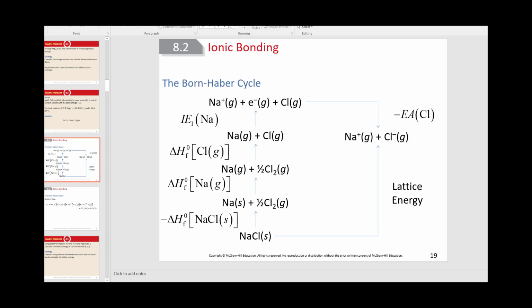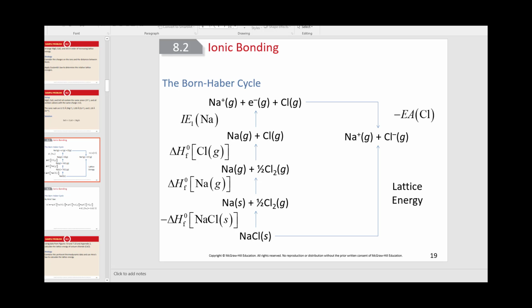Hint right there. What does that delta HF mean? Standard enthalpy of formation. We're going to take the negative of it because we're doing the opposite. Now, instead of forming sodium chloride, we're breaking it apart. So the opposite of the standard enthalpy of formation is the energy associated with the first step.